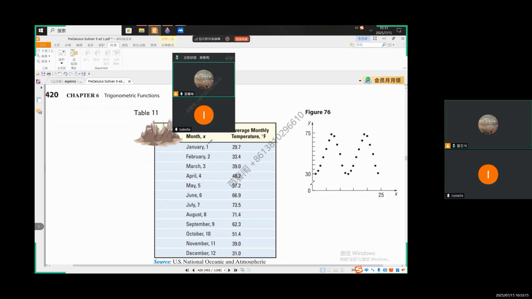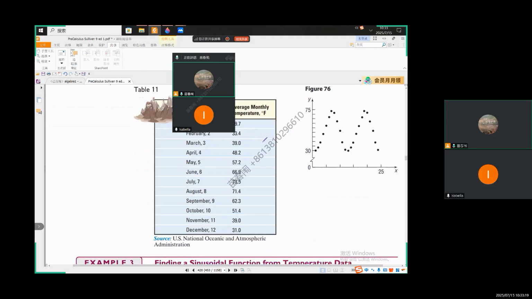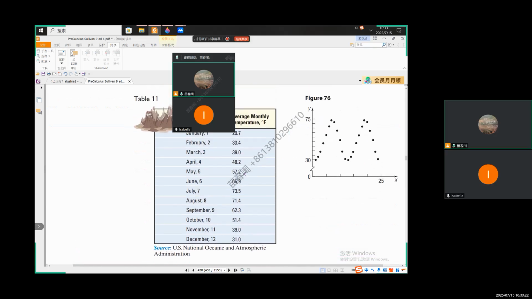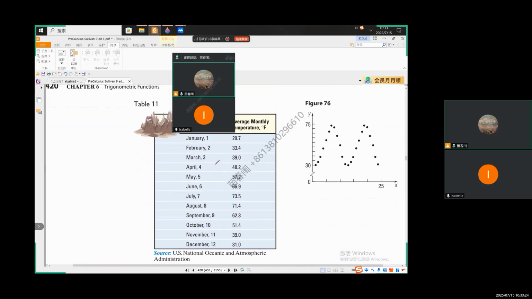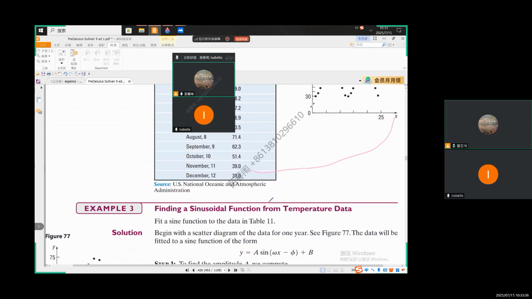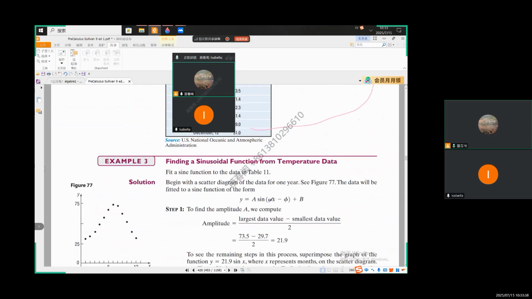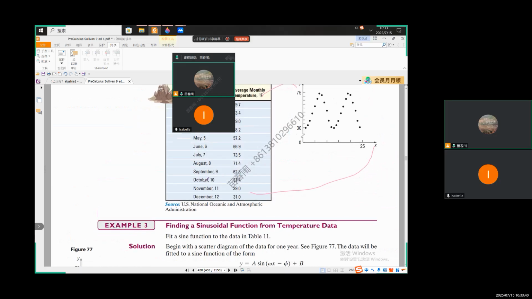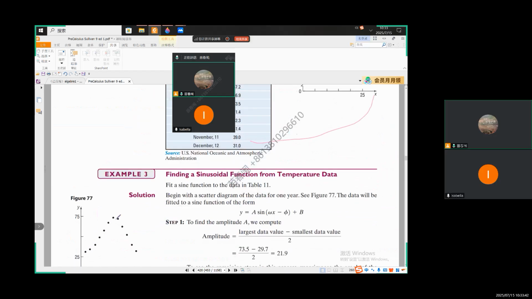This is month, and this is average monthly temperature. If we put all this in, of course, we change this into x values and y values. This is the temperature, and this x is the month. So I can put all this in here and get a scatter plot.